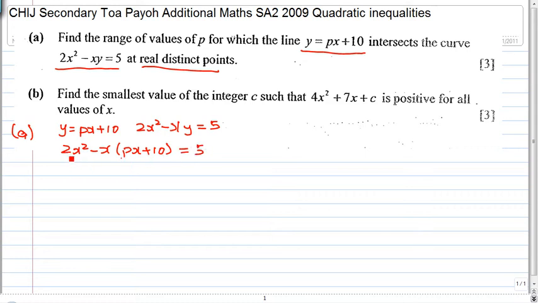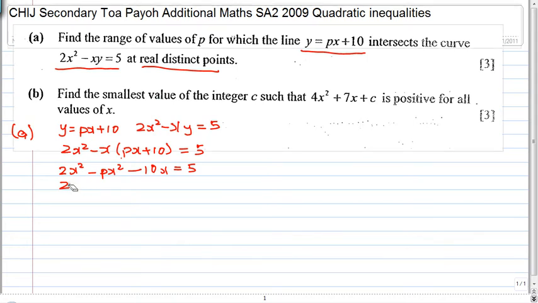Okay, very next line, let's perform expansion. Minus x times px equals minus px squared. Minus x times 10 equals minus 10x, equals 5. So 2x squared. Now you realize we've got two terms with x squared, so we can lump them into one term because x squared is the common factor.